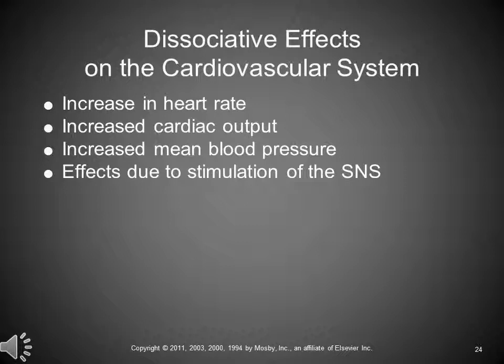One of the benefits you may want from a cyclohexamine in animals that may have a low mean arterial blood pressure or may need a little bit of stimulus to the circulatory system, they can provide that for you. Okay, they can really kick up heart rate, cardiac output, blood pressure to significant levels.